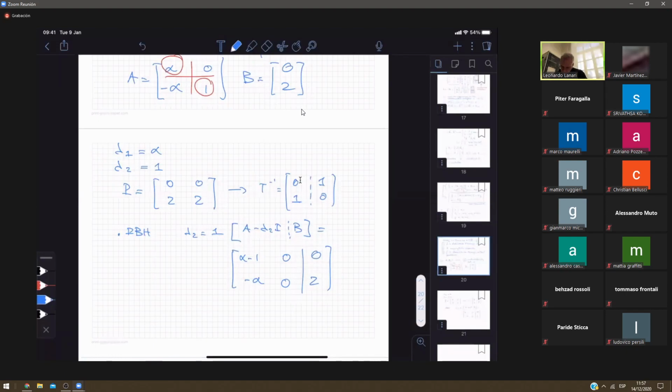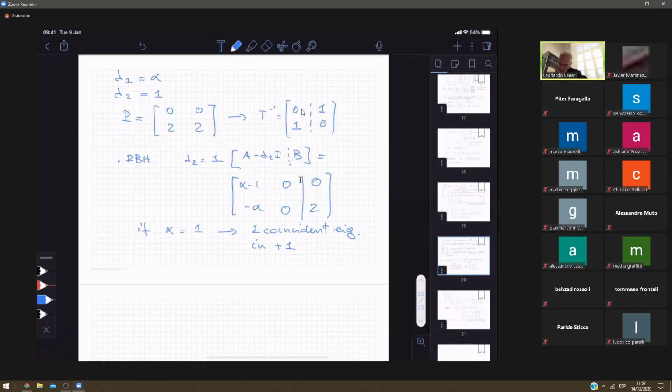So we see that if alpha is equal to 1, then we have a situation in which we have two coincident eigenvalues in +1, and we know that the PBH test is telling us if the system is fully controllable.